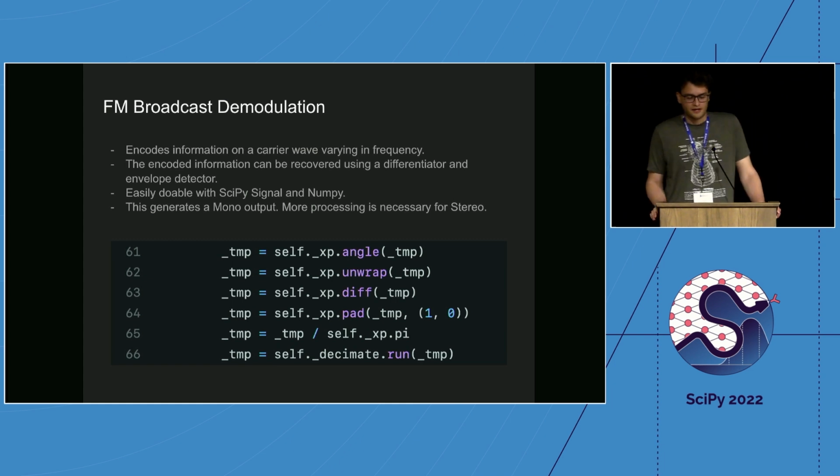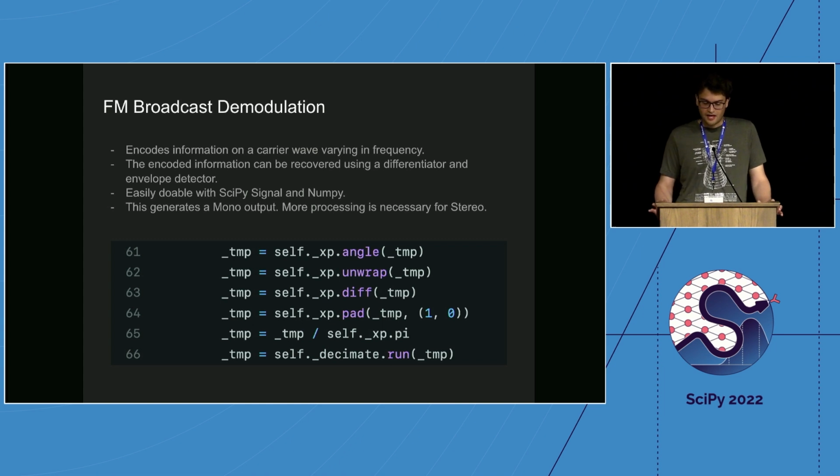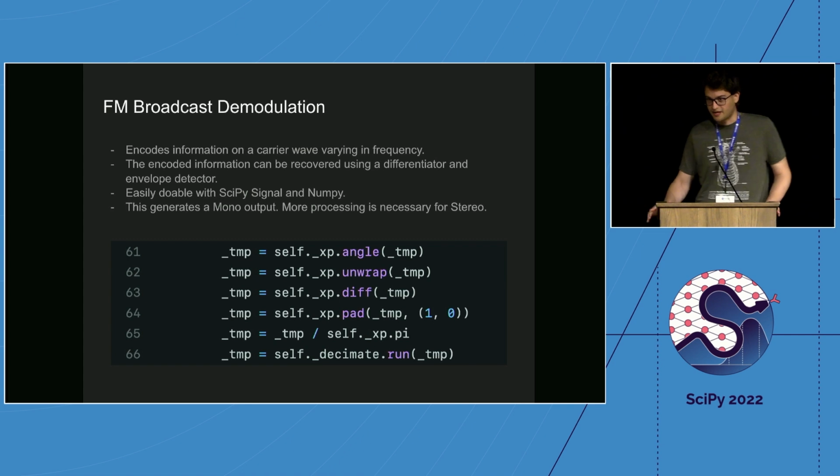So whenever you tune to an FM radio station, you are receiving a carrier wave that encodes the audio signal that we hear after the demodulation of the radio. And this encoded information can be recovered by using a differentiator and also an envelope detector after, and then we play it on the speakers.